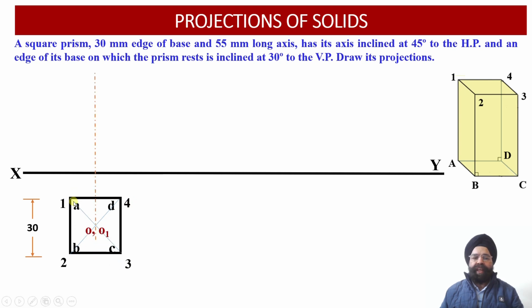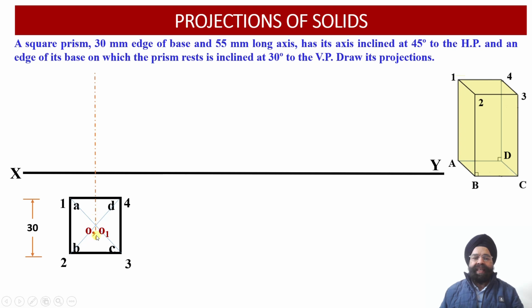In order to evaluate the axis, we have joined these two diagonals, that is 2 and 4, and 1 and 3. Wherever the intersection of these two diagonals occurs, we get the points O and O1. O is the axis point at the top, while O1 is the axis point at the base of this square prism.